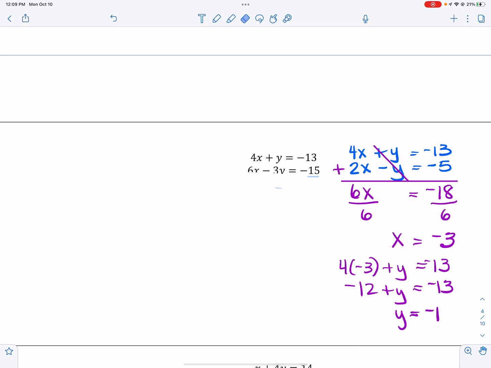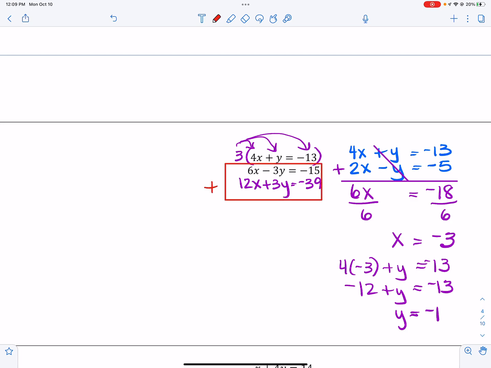Let's say I didn't divide, but I did recognize that I could multiply this equation by 3. What I tend to do is multiply it out and write that equation underneath. And then I box the two equations that I'm going to add up.